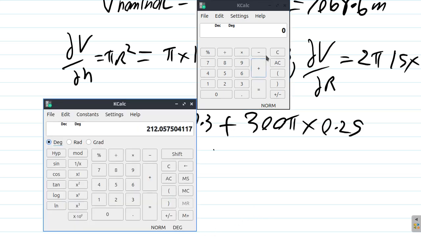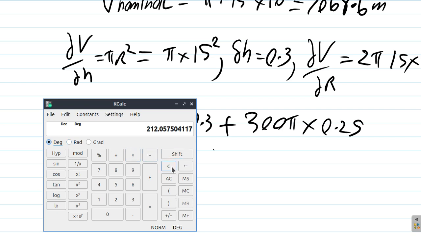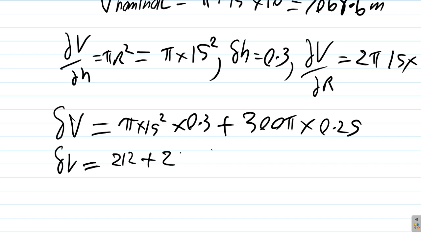Let's go back to our calculator. 300 times pi times 0.25 equal, 235. Call it 236. Now we add them and we get 448.